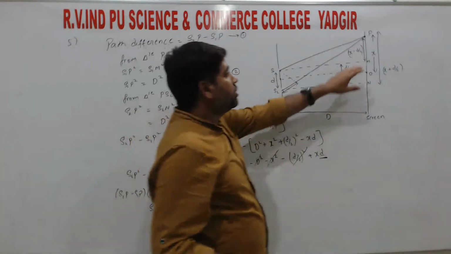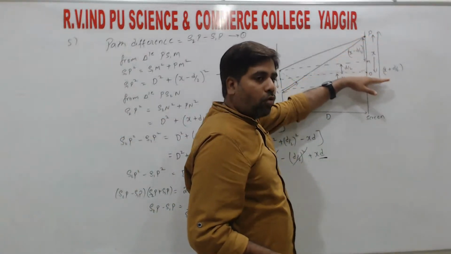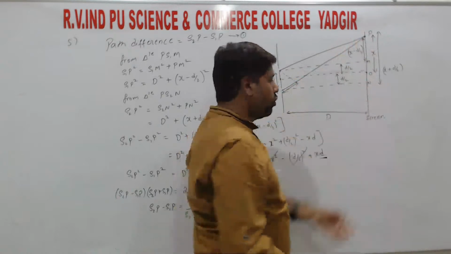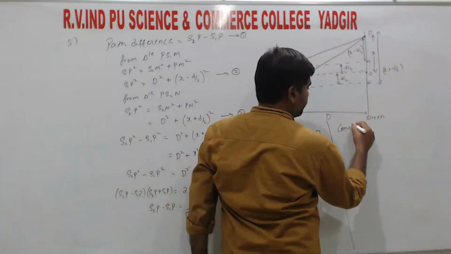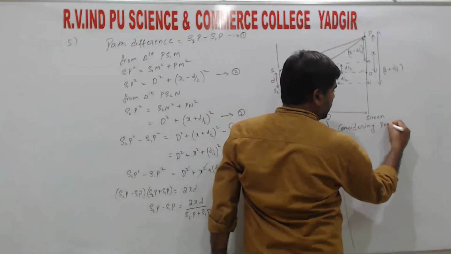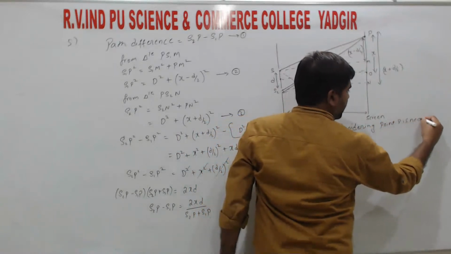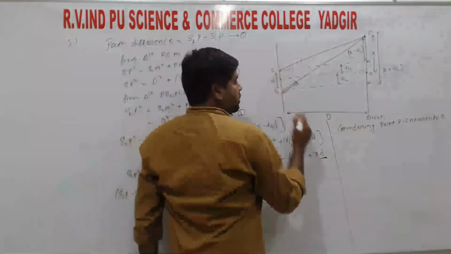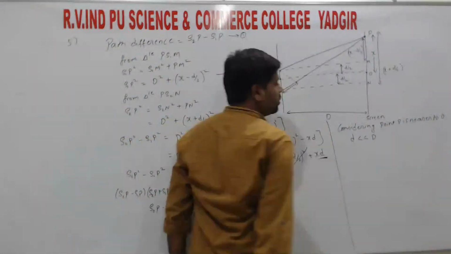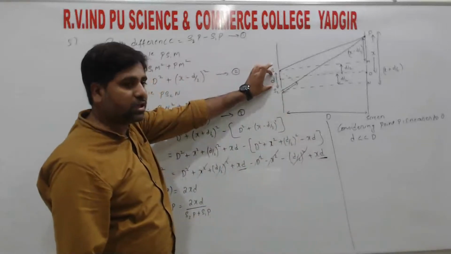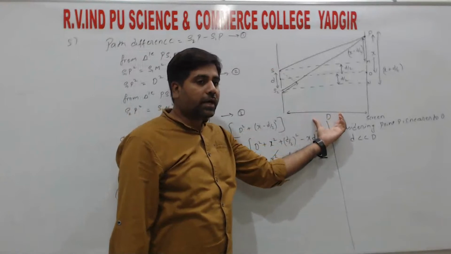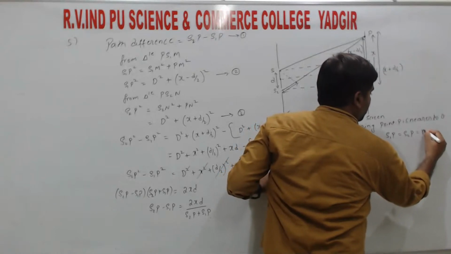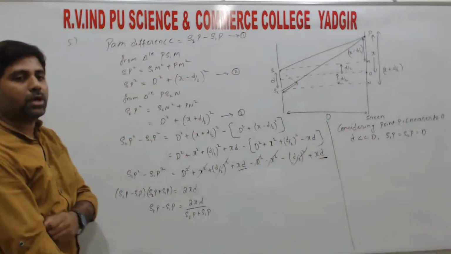So considering the condition, this point P is very near to O, the midpoint O. Then small d is very much less than capital D. The distance between the two slits is very small compared to capital D. Hence we can take S1P is equal to S2P, that is equal to D, right?